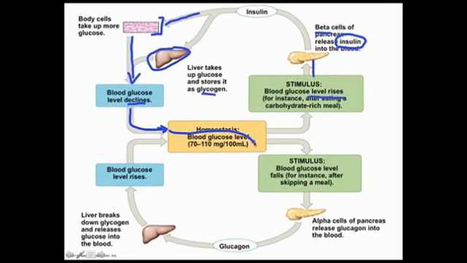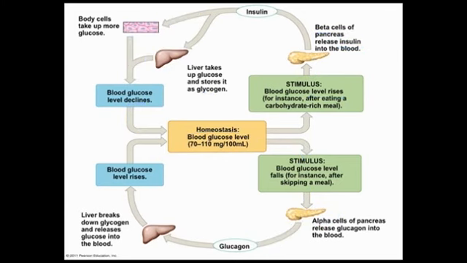But if we skipped a meal and our blood glucose level dropped, then what's going to happen is the pancreatic cells called alpha cells are going to release glucagon, which is the antagonistic hormone to insulin. Glucagon is sort of the opposite of insulin.